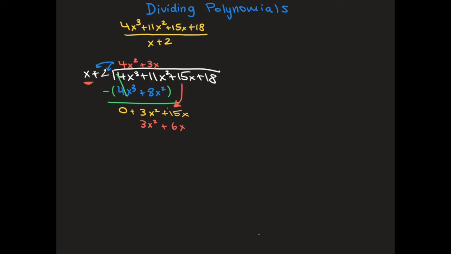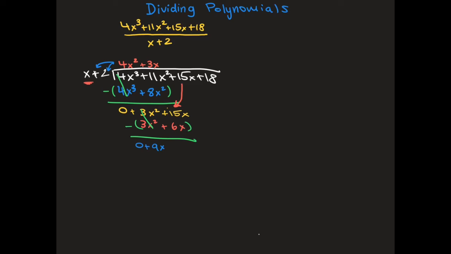Now remember, you have to multiply this bottom phrase by a negative. So now we have negative 3x squared minus 6x. So those two cancel out. 15x minus 6x is 9x, positive 9x.